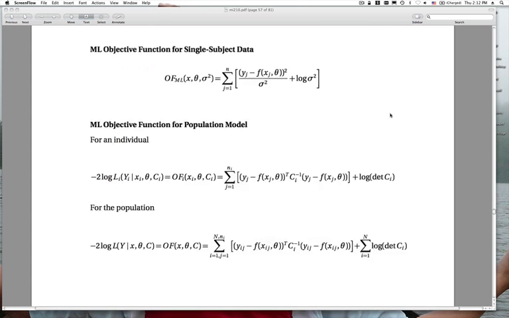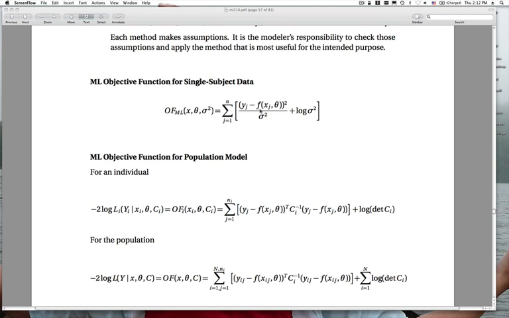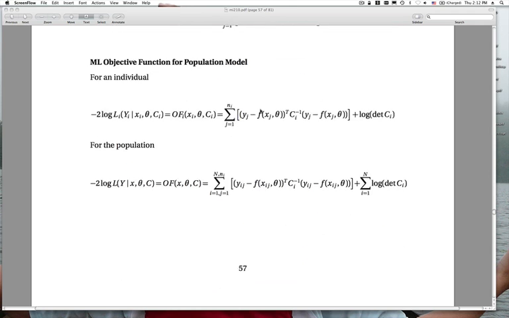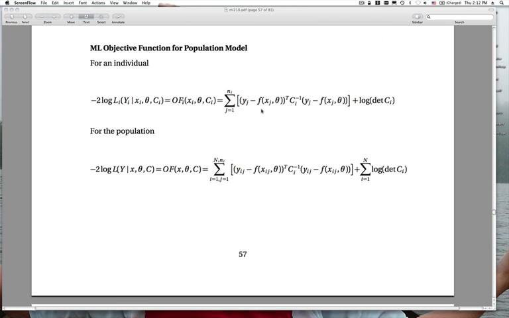Just like this maximum likelihood objective function for single subject data, except we're now writing it in matrix notation to accommodate the population case.